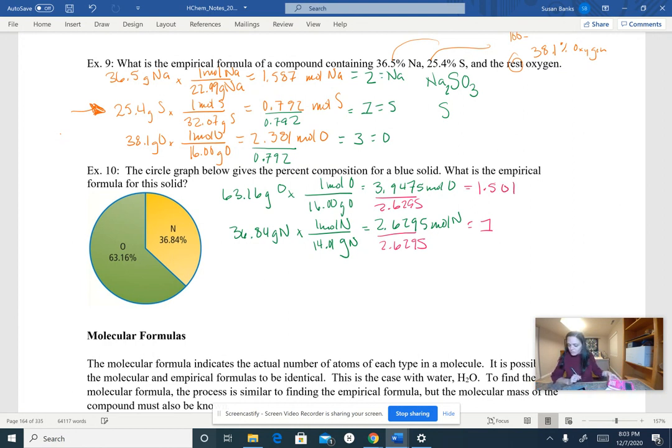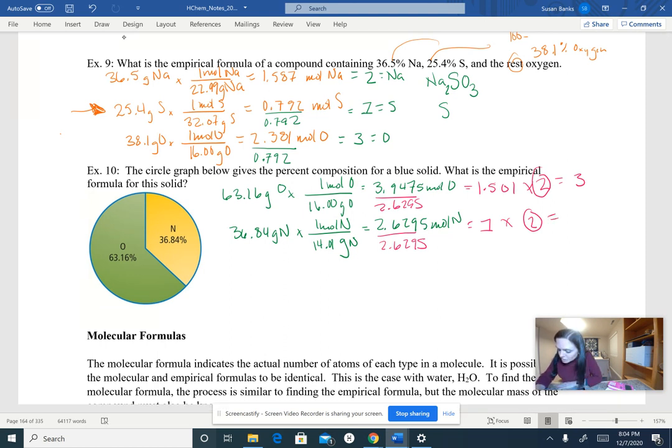So what do I do if it's not close to a whole number? Remember I said it needed to be within a tenth? So what can I multiply 1.5 by to make it a whole number? What's 1.5 times 2? Isn't it 3? So if I multiply this by 2, that means I also have to multiply all the other elements by 2.